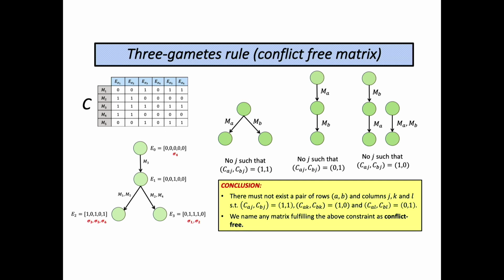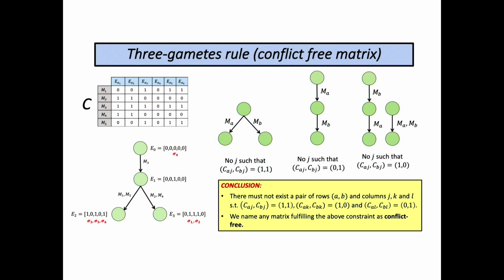If you can guarantee that there are no triplets of cells and a pair of mutations violating this, then you're guaranteed that there's a perfect phylogeny that can be built by the matrix. And in fact, that tree is unique. So that reduces the problem of dealing with tree topologies to dealing with a very simple matrix.